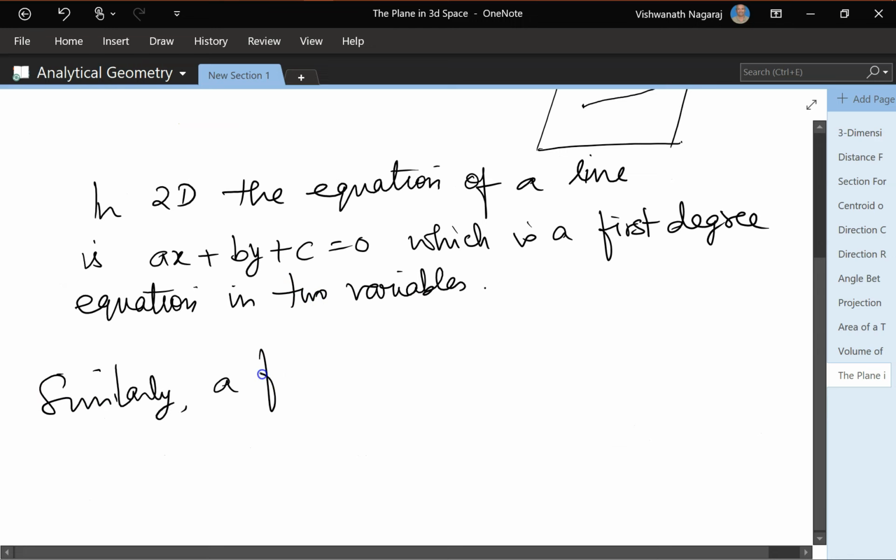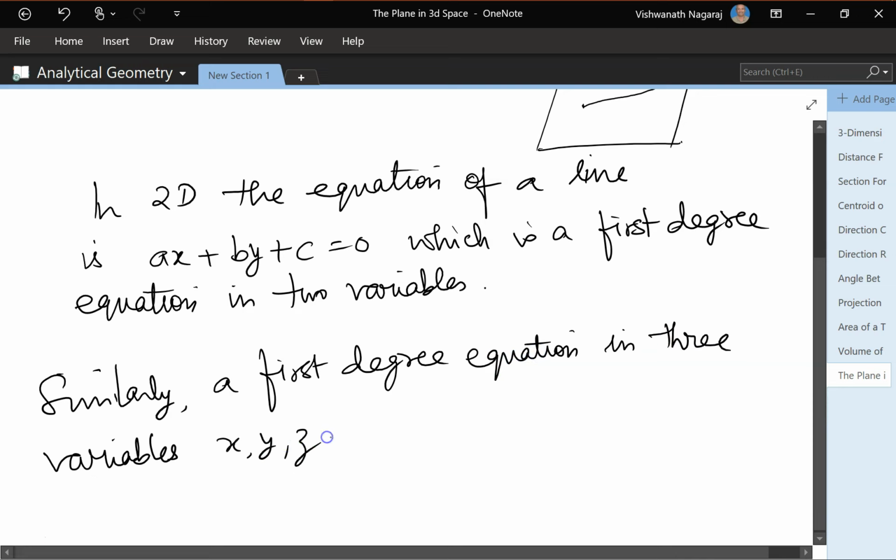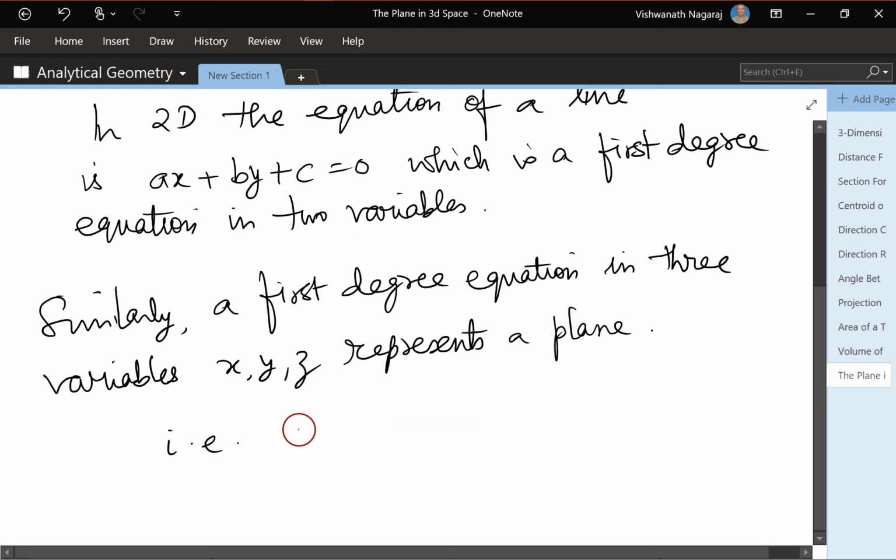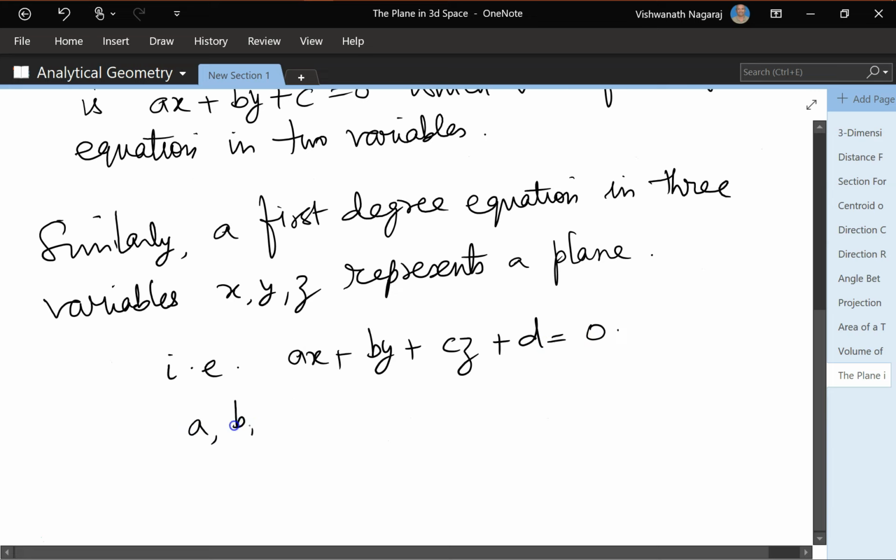Similarly, a first degree equation in 3 variables x, y and z represents a plane. That is ax plus by plus cz plus d equal to 0.